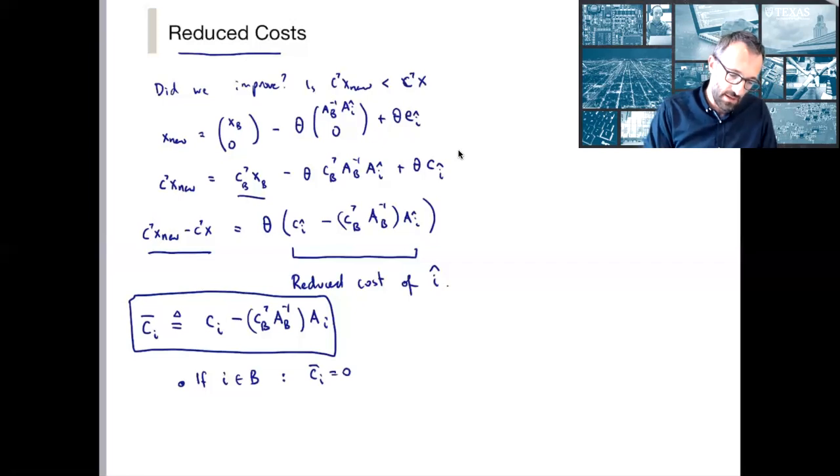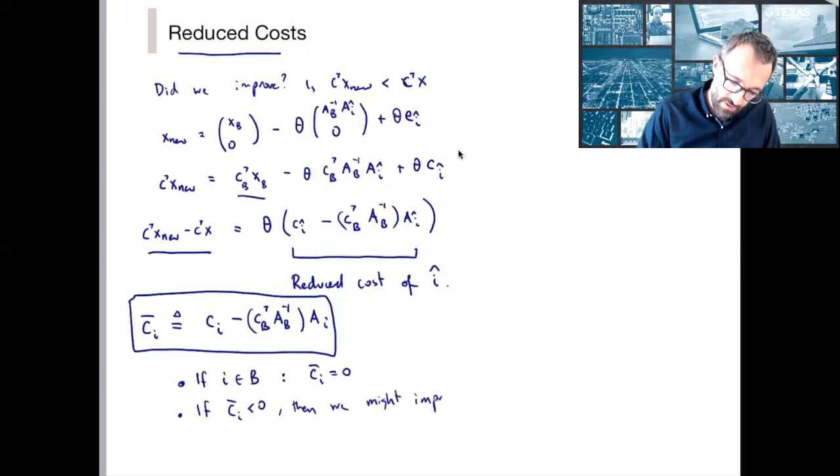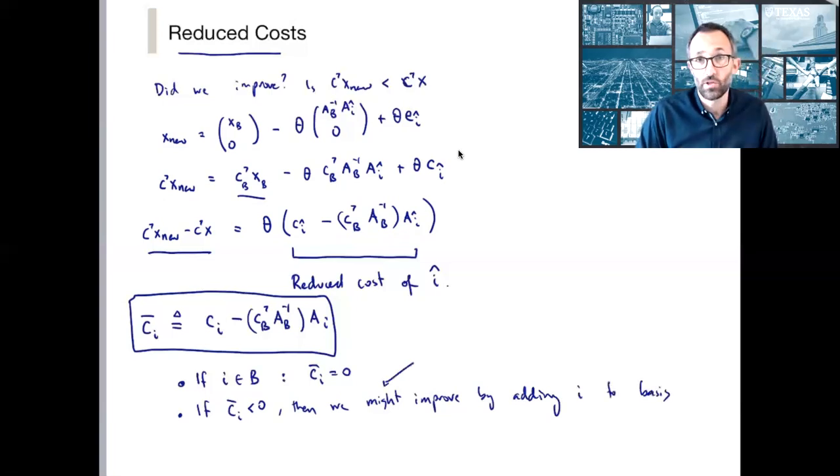What else is immediate? If for some i, c i bar is less than 0, then we might improve by adding element i to the basis. Why did I say we might and not we do improve?